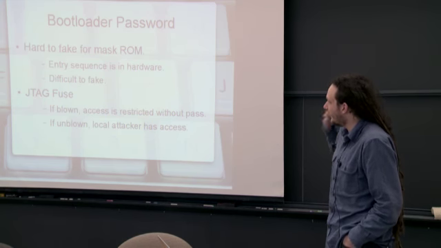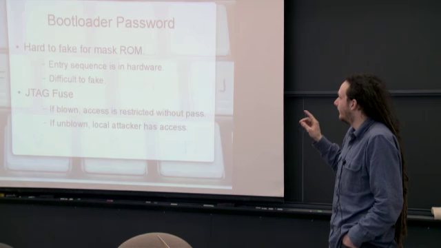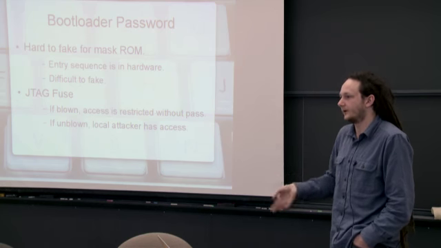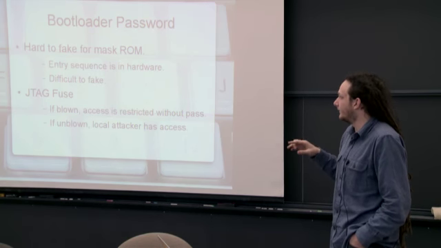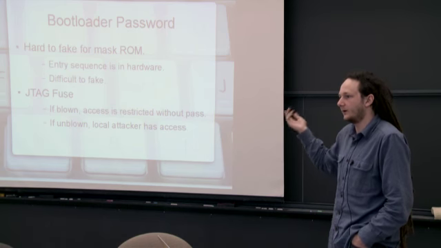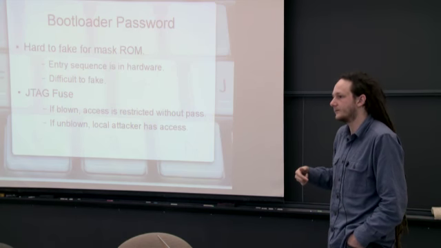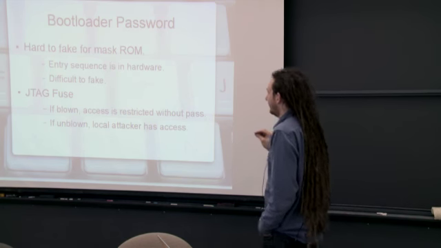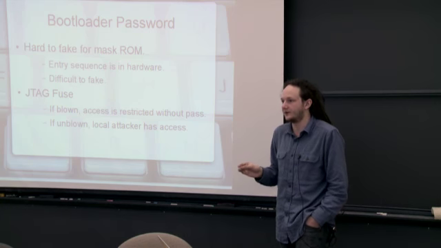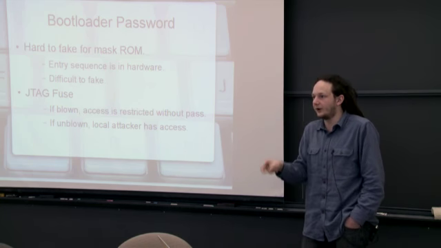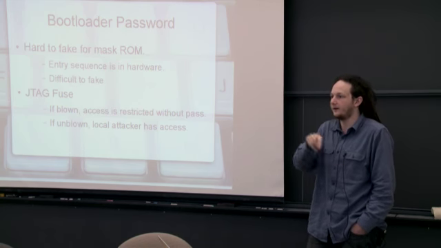As far as the JTAG fuse goes, if it's already blown, such as at the factory, then access is restricted without the password, and the maintenance guy is likely to erase your code before he ever gets a copy of it. If it's not blown, then any local attacker has access, even if it's the legitimate owner of the hardware attacking the rootkit.